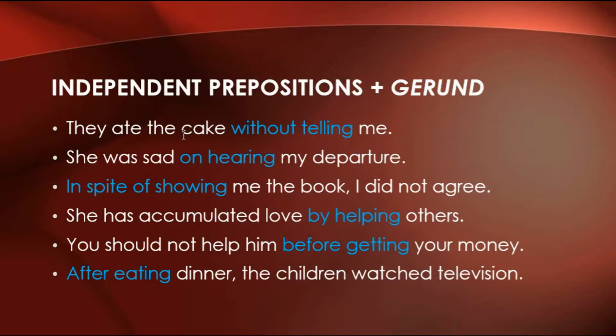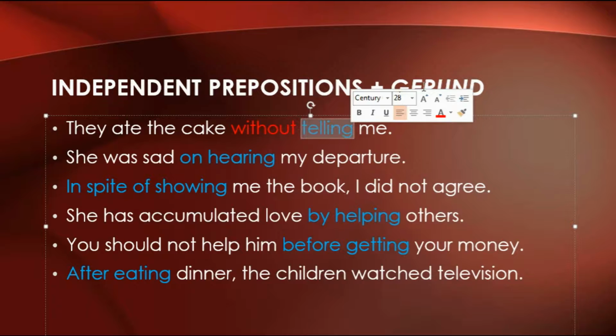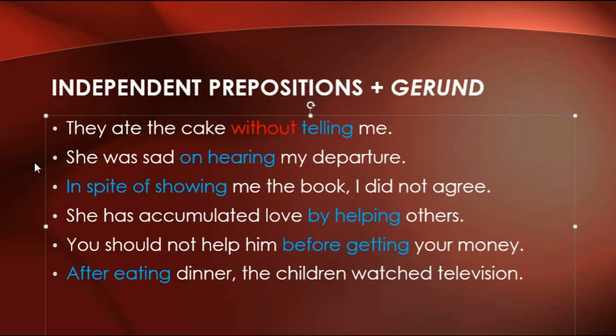Okay, so look at this first sentence. I have my independent preposition here, and then I have my gerund right after the preposition, right? So if I read the sentence to you, they ate the cake without telling me, without telling, right?